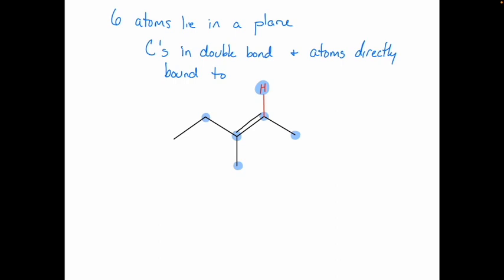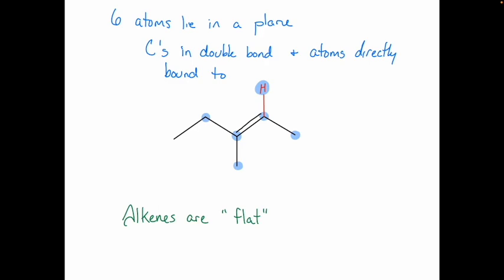So again, we can say our alkenes are flat. And the other thing that's really important to note about double bonds, we talked about this a little bit before, is that you cannot rotate about double bonds.